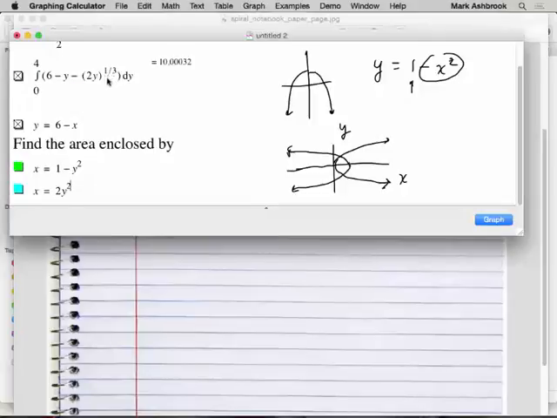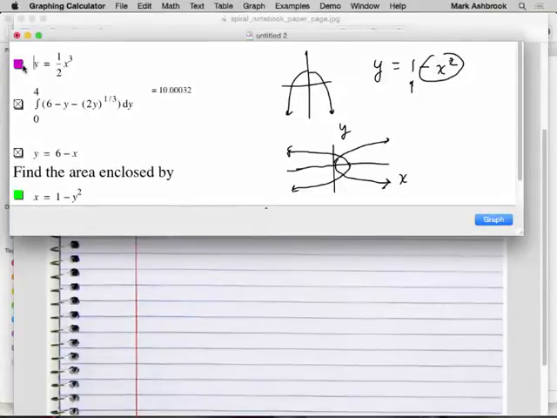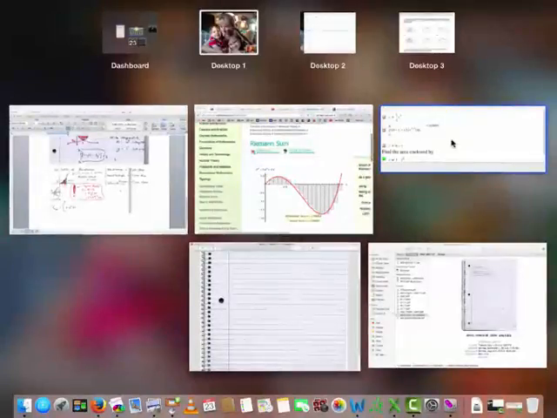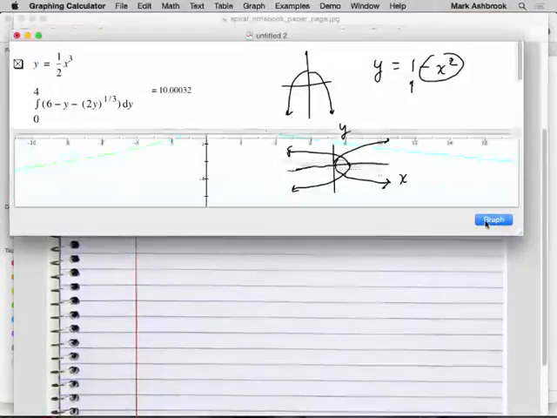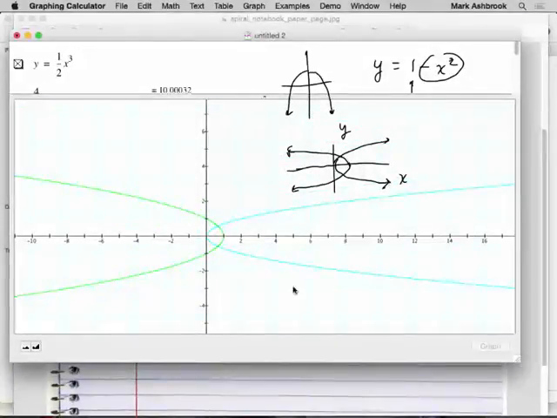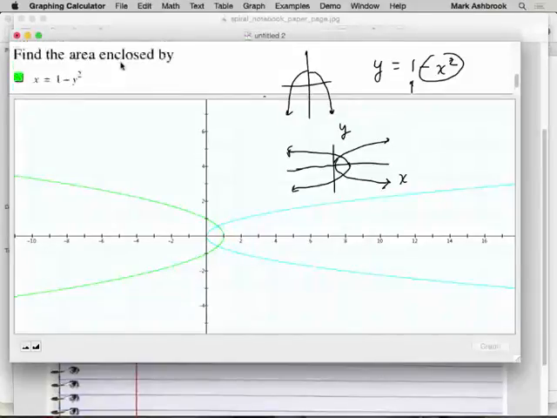Question? Would the integral be from 0 to wherever the other point crosses the x-axis, and then 1 minus y squared minus 2y squared? Let me get a picture of it here. Better colors.